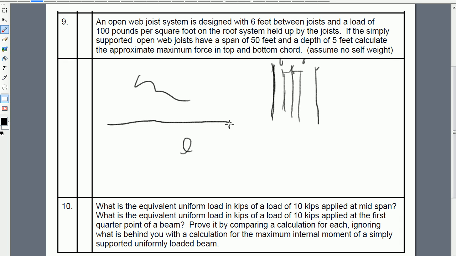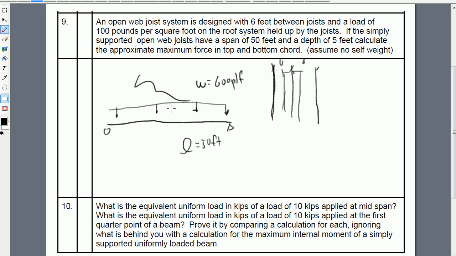The span is 50 feet. The load is 600 pounds per lineal foot.